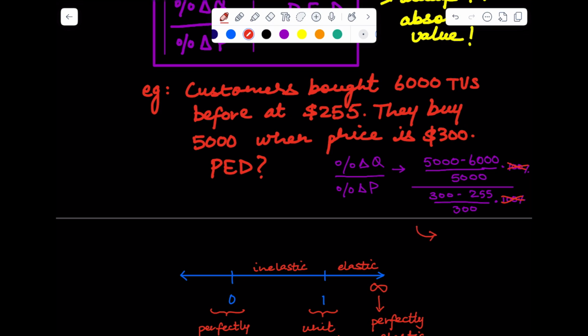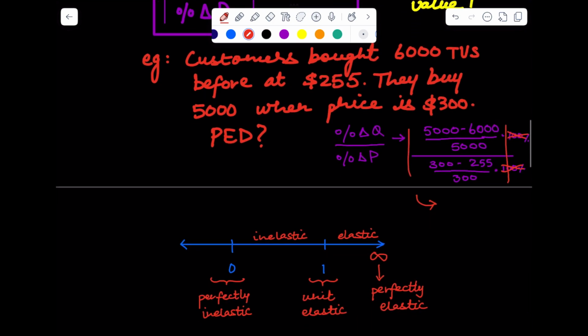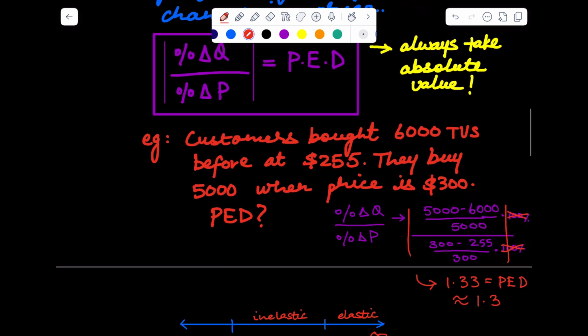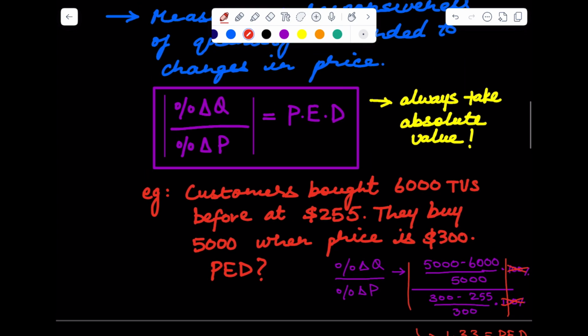The PED you would get once you take the absolute value, always remember, take that absolute value, you would get around 1.33 equals your PED. You can check that, and we would round to one decimal place, so 1.3 is the price elasticity of demand for this problem. So I hope you understand now how to calculate price elasticity of demand, and it is always going to be like this generally.